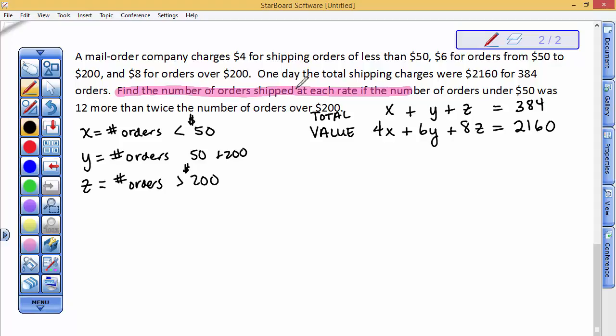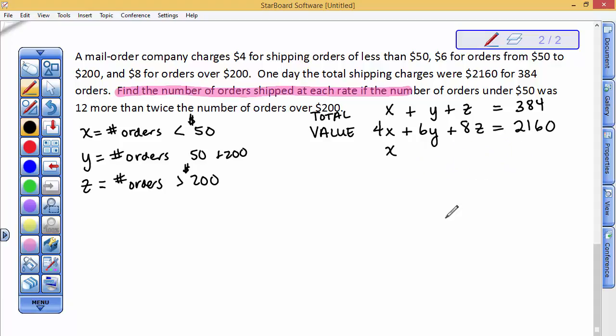Finally, find the number of orders shipped at each rate. The number of orders under $50, that's X, is 12 more than twice the ones over $200, which is Z. So when I get the 2z over to the left side, I'll have an x, and then a minus 2z.